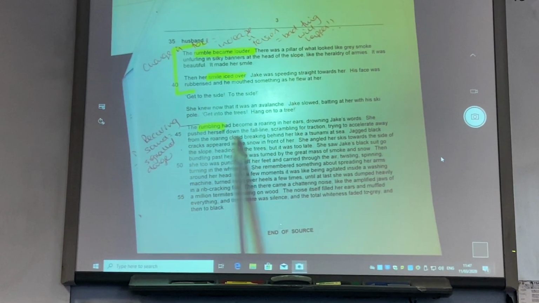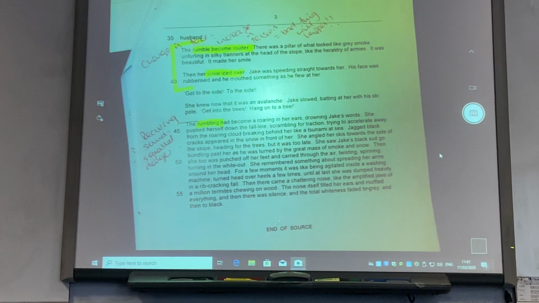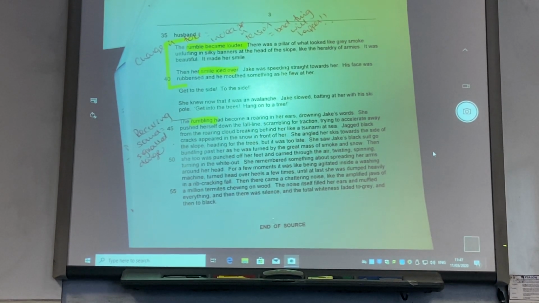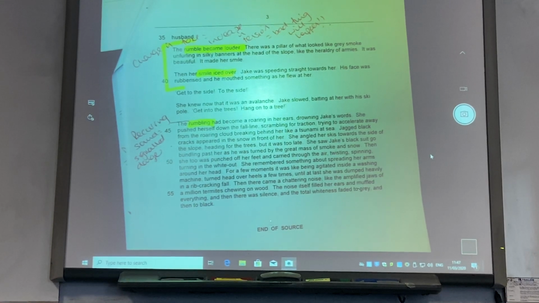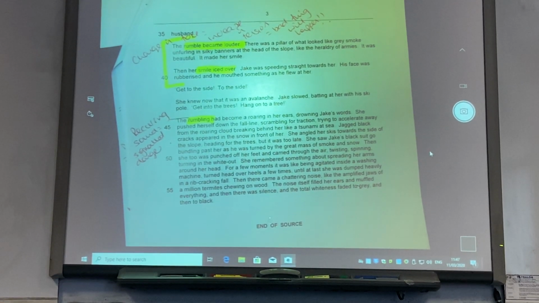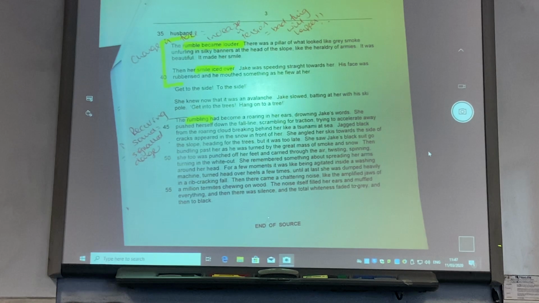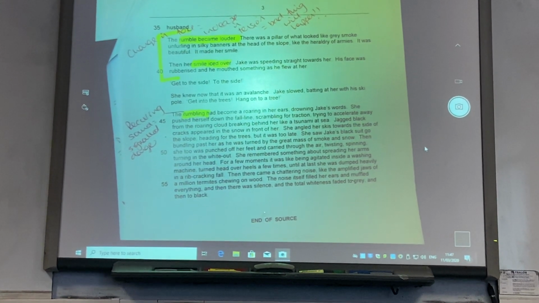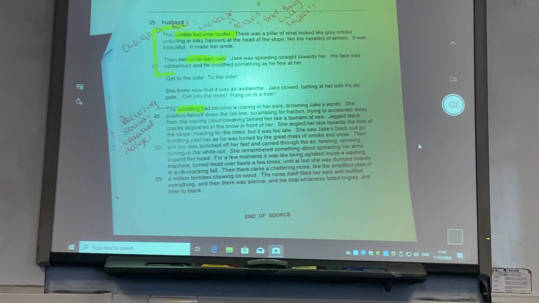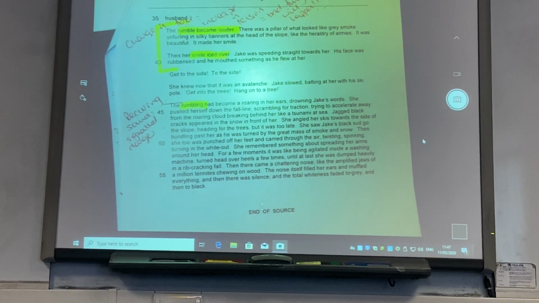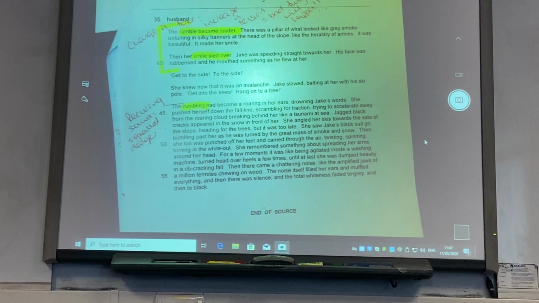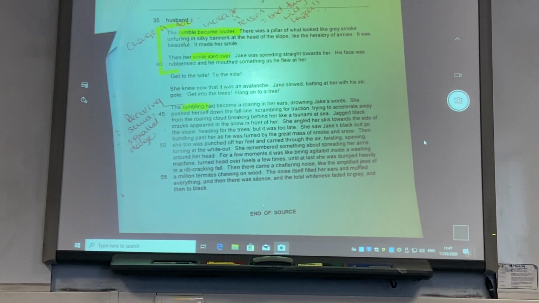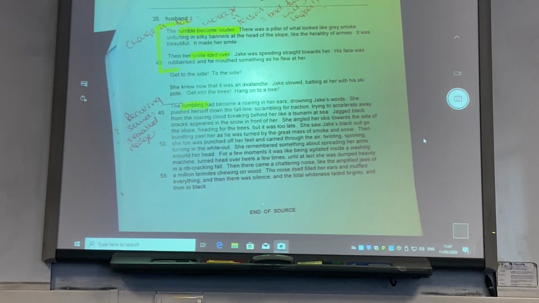She pushed herself down the fall line, scrambling for traction, trying to accelerate away from the roaring cloud breaking behind her like a tsunami at sea. Jagged black cracks appeared in the snow in front of her. She angled her skis towards the side of the slope, heading for the trees, but it was too late. She saw Jake's black suit go bundling past her as he was turned by the great mass of smoke and snow. Then she too was punched off her feet and carried through the air, twisting, spinning, turning in the whiteout.